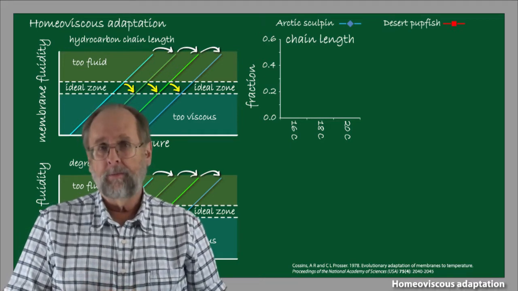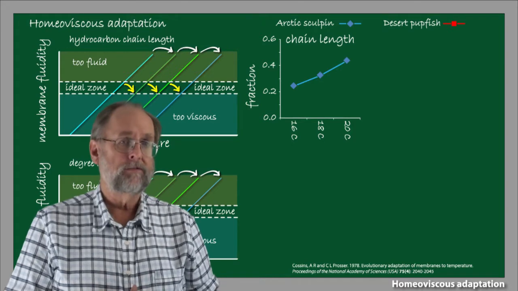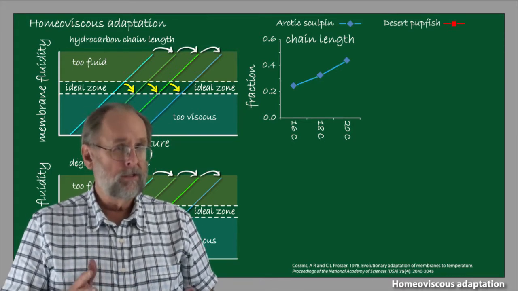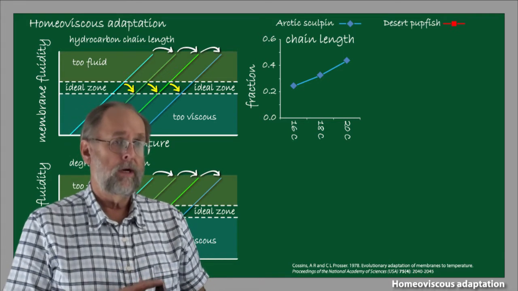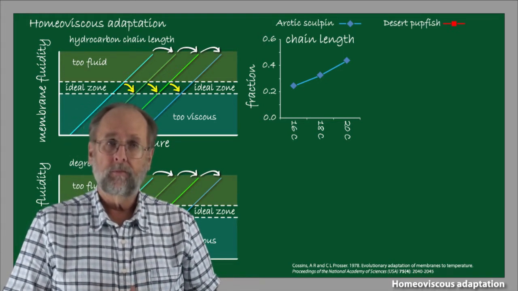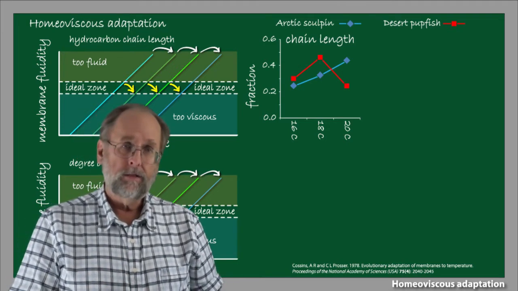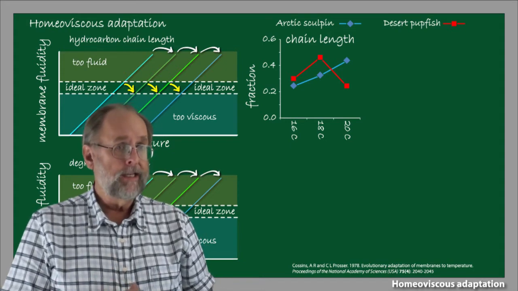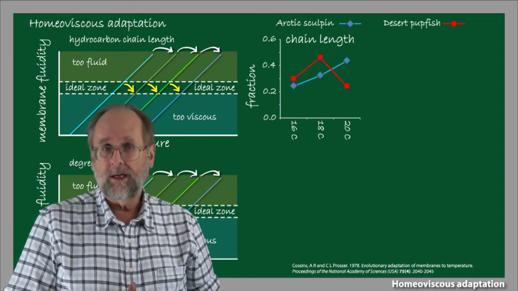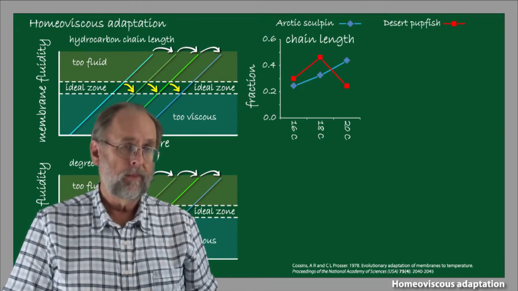In nerve cell membranes from the Arctic sculpin, we see that the predominant phospholipid has hydrocarbon chains that are 20 carbons long. Phospholipids with shorter hydrocarbon chains are less abundant. In the nerve cell membranes of the desert pupfish, in contrast, the most abundant phospholipid has a hydrocarbon chain 18 carbons long, with 16 carbon and 20 carbon chains being somewhat less abundant.